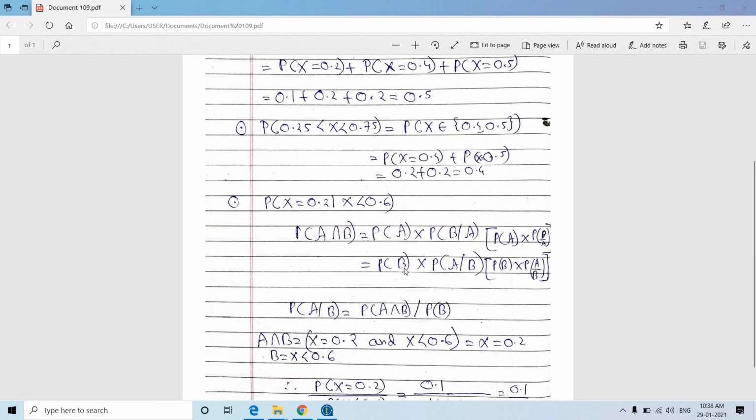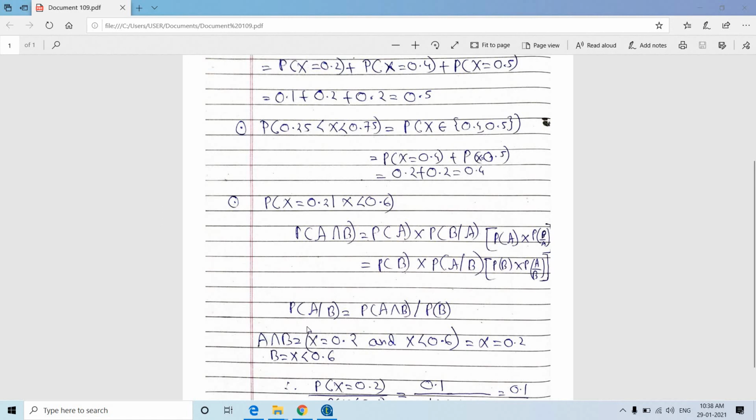P of A intersection B is equal to P of B multiplied by P of A by B. So P of A by B is equal to P of A intersection B divided by P of B. That's what I have written here. A is the event when x equals 0.2, and B is the event when x is less than 0.6. Now we have to calculate P of A intersection B and P of B, and we can simply divide and get the result.